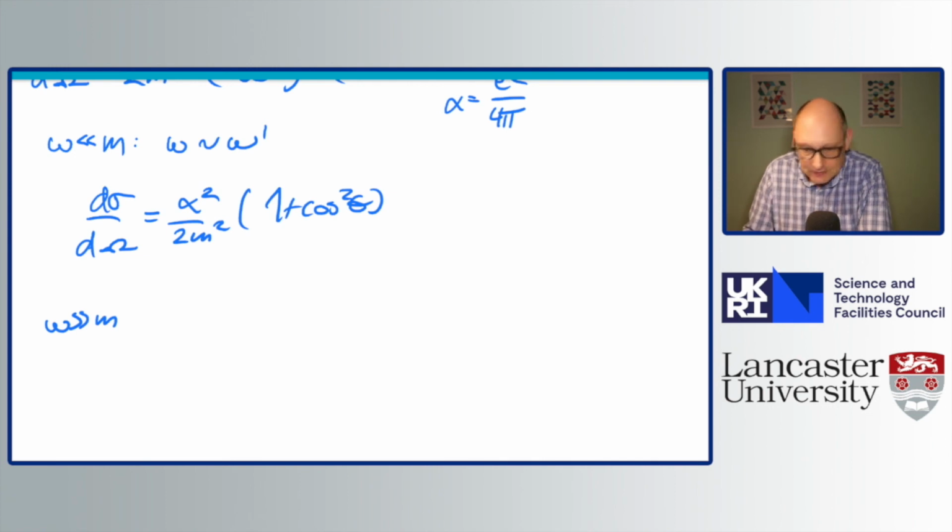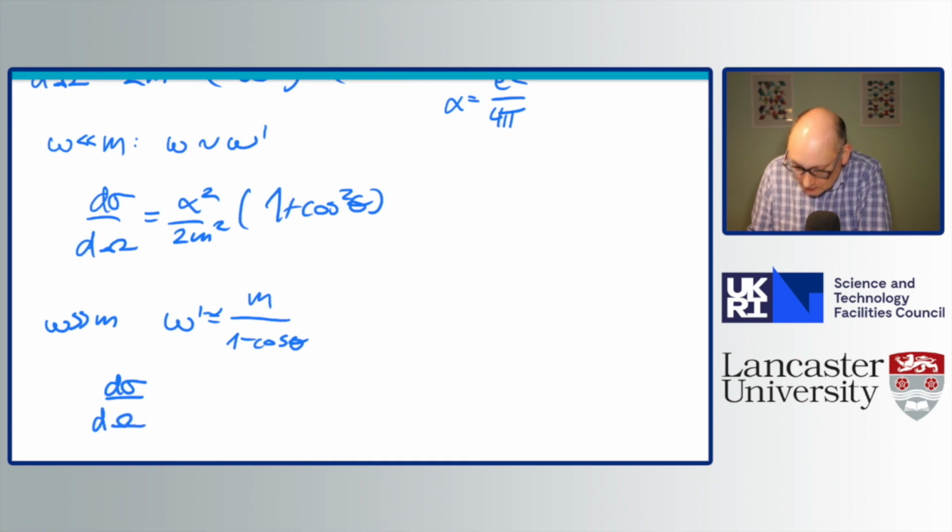Now, in that case, one has that the energy of the scattered photon is m divided by 1 minus cos theta, and therefore the cross section d sigma d omega is approximated as alpha squared over 2m omega, times 1 divided by 1 minus cos theta.